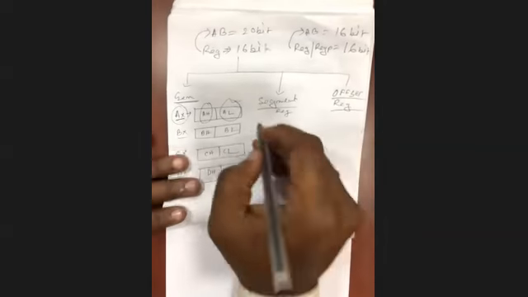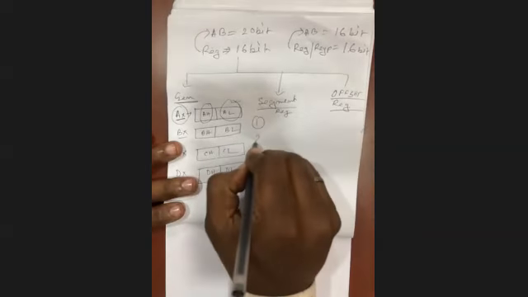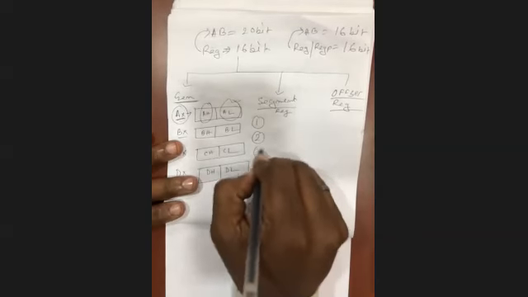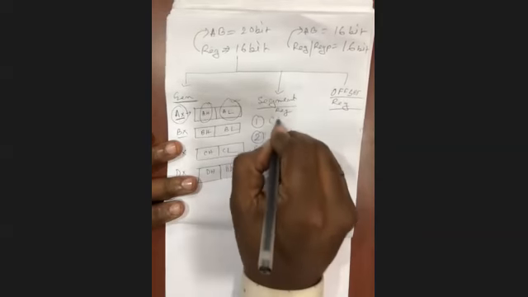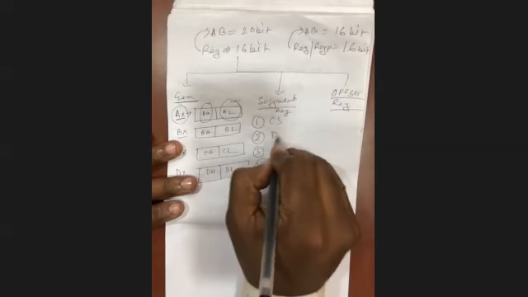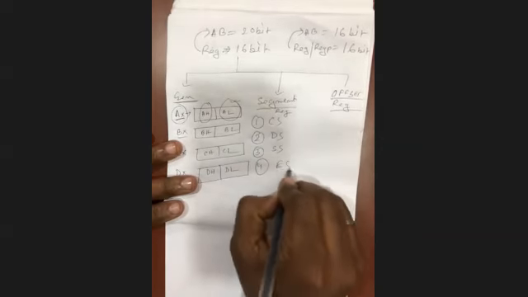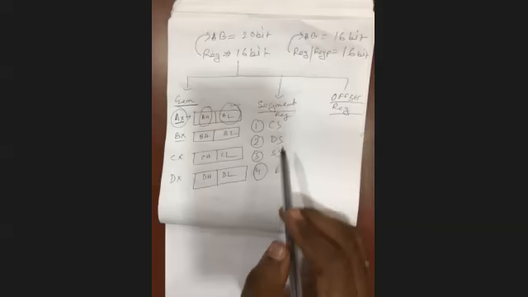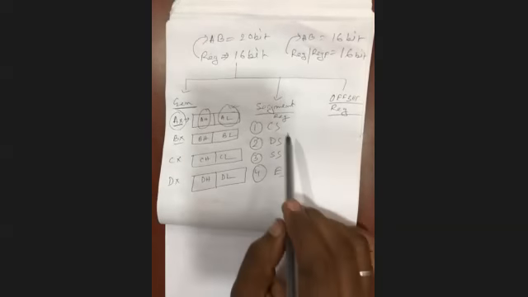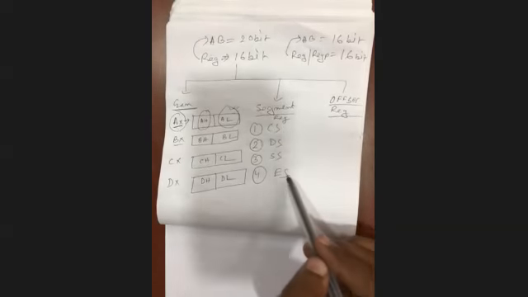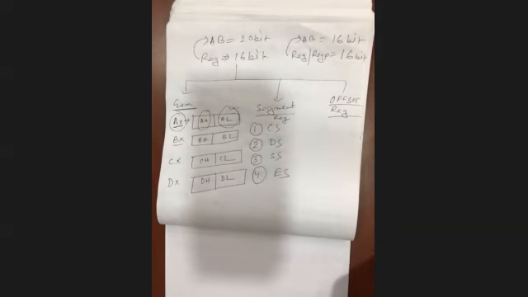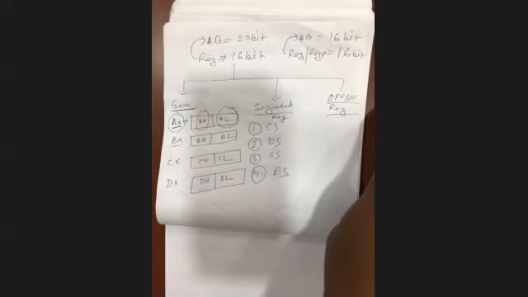In the segment registers, we have 4 segment registers: CS, DS, SS, and ES. Full form: code segment, data segment, stack segment, extra segment. Is it clear?